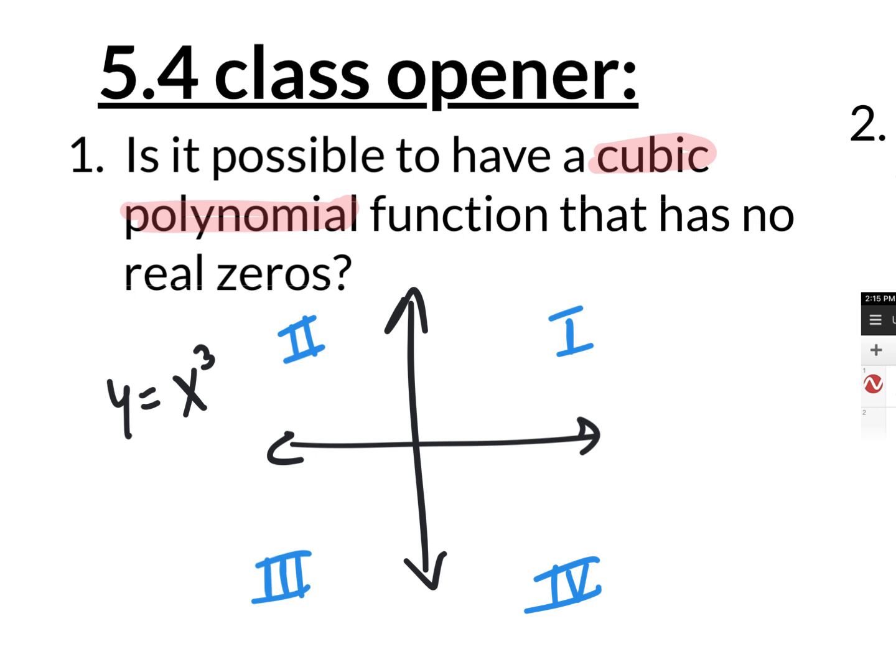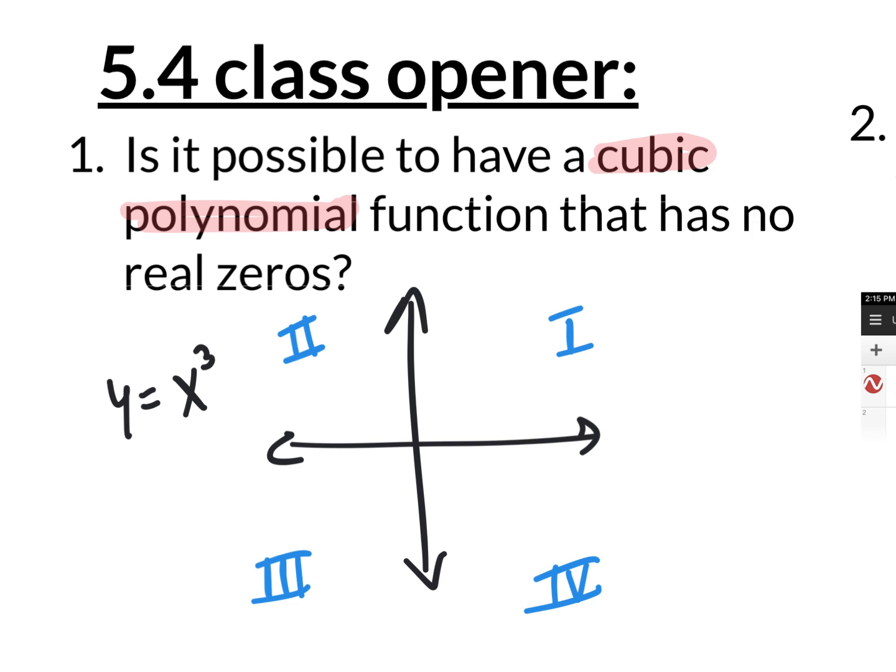That's if your leading coefficient's positive. If this is positive, it ends up here and down there. If it were negative, then your end behavior would end up like this. But either way, whether it's positive leading coefficient or negative leading coefficient, we know that it goes up and down forever. Isn't that right?